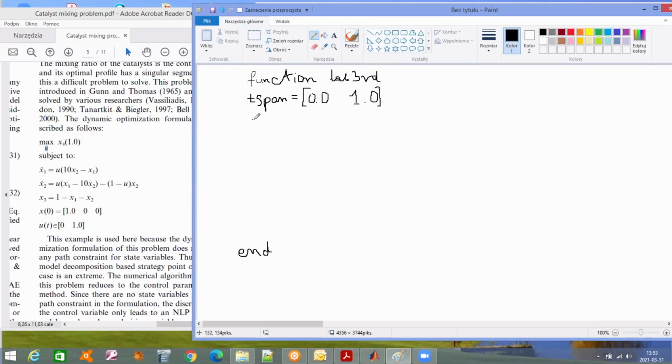Now our initial conditions, because we have two differential equations, we need only two initial conditions, and the third one in practice is computed according to this equation.